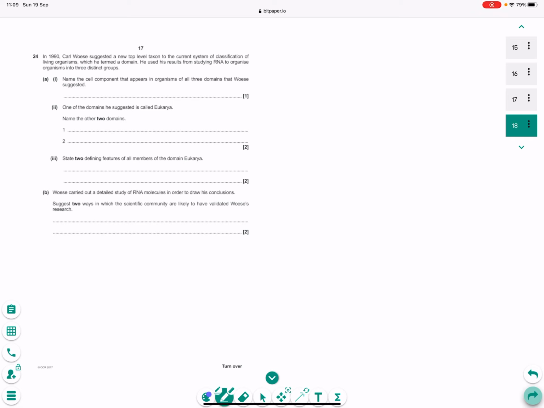24. About classification. In 1990, Carl Woese, I'm not sure how you pronounce that, suggested a new top-level taxon, as domains, to the current system of classification of living organisms, which he termed a domain.